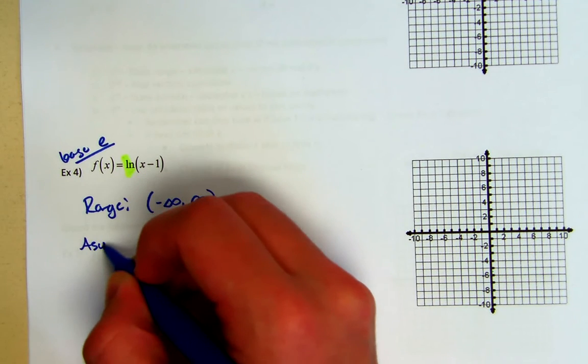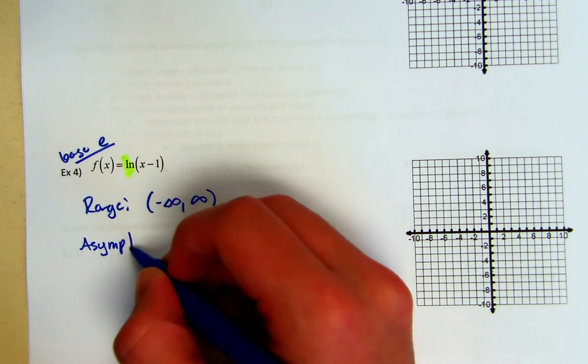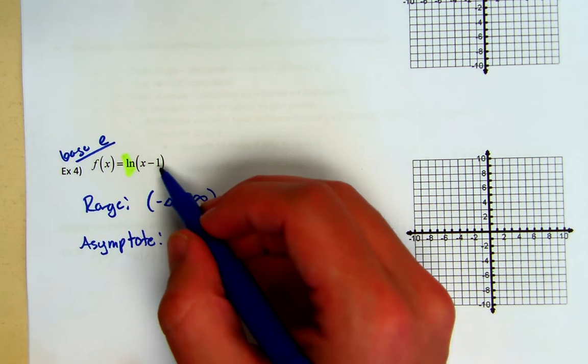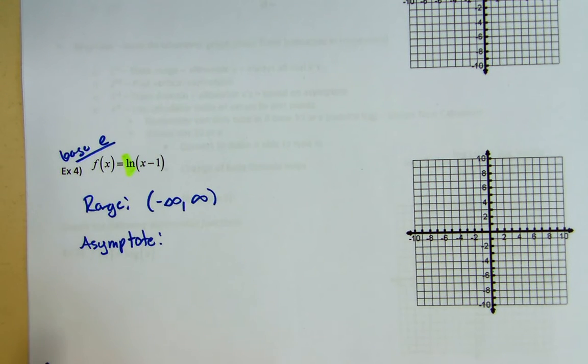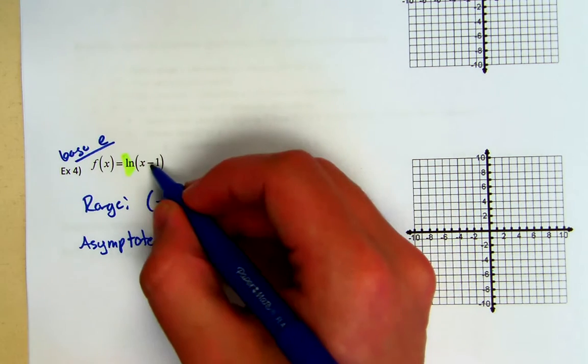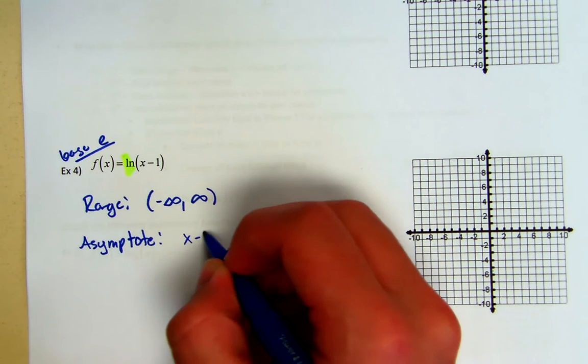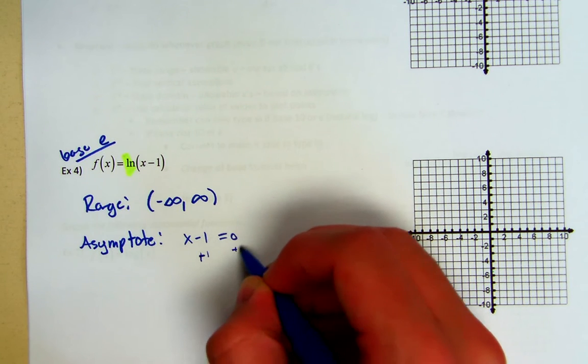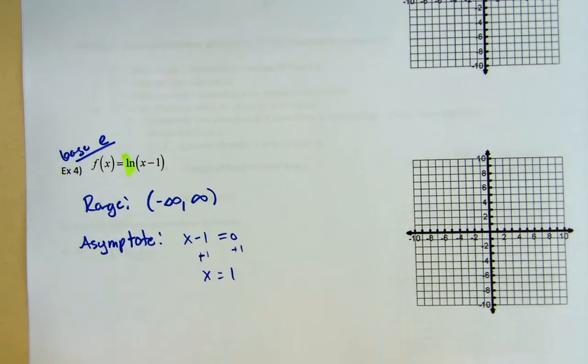Now, the asymptote, there is a C value. So we need to figure out what is the asymptote there. Well, you take x minus 1, set it equal to 0, and solve. So plus 1, x equals 1. That's your asymptote.